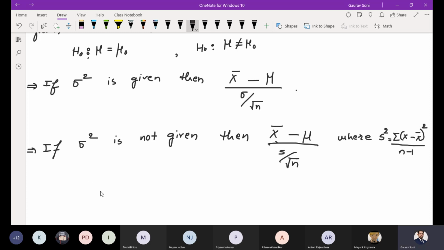So here t is equal to x bar minus mu divided by s upon root n.